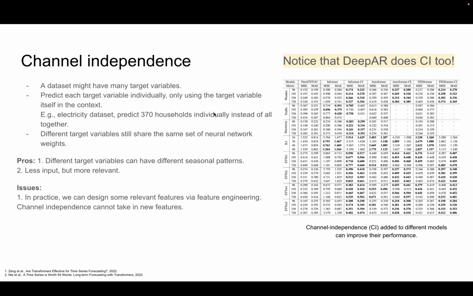But if we only look at the same target variable in the context range and also do the prediction for the same target variable, we will not be able to feed those extra features into our model. So we can think about how we can add those extra features while making the input less noisy.